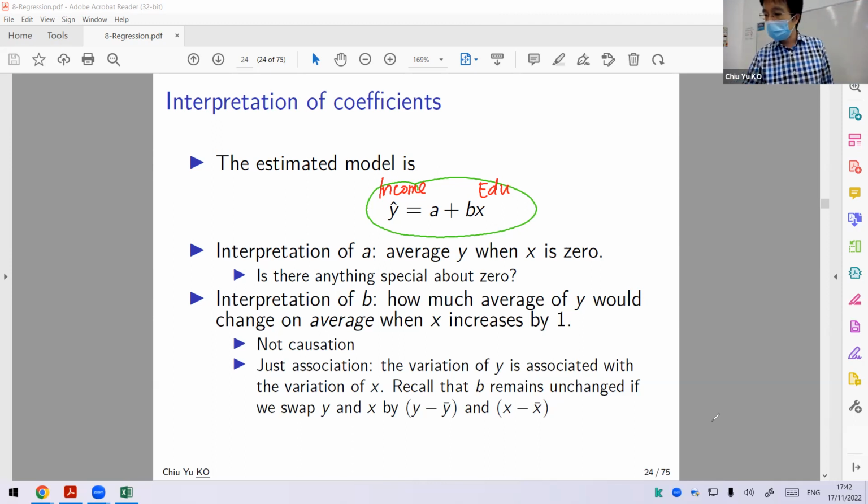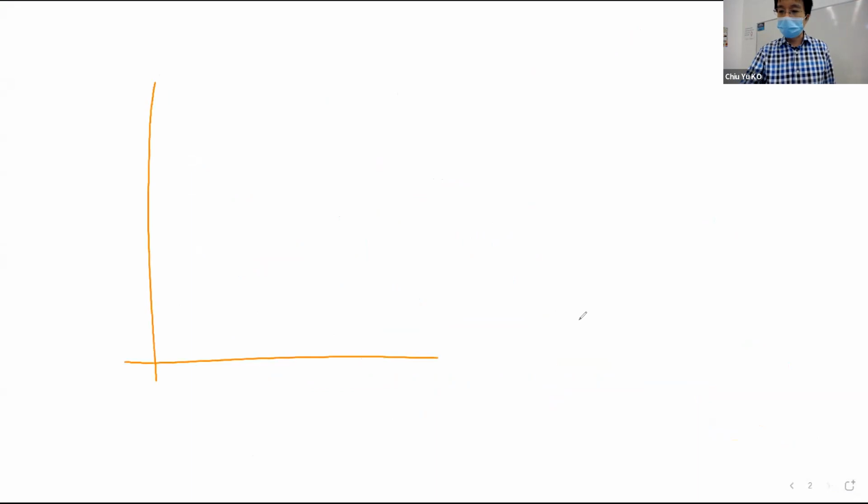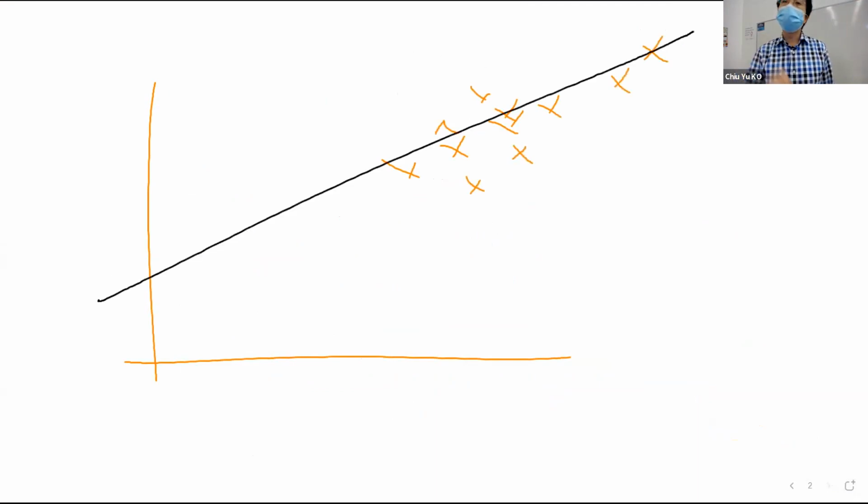So you have a bunch of data here. Then you try to draw a line here, and this is your A. This is X, this is Y. A will be your expected value if X is 0.